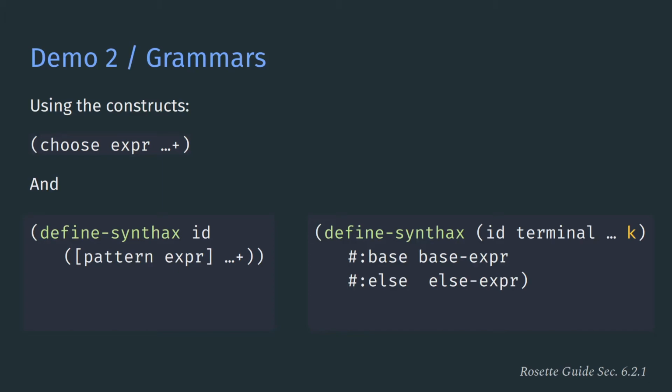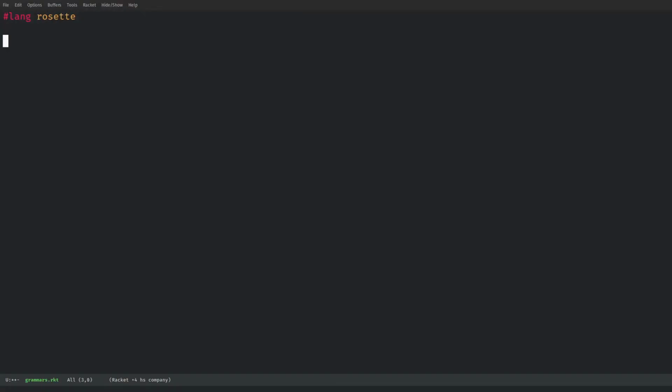The first syntax expresses a macro for defining simple definition of expressions, and then the second syntax is a macro for recursive definition of expressions. We will use both syntaxes in the next example, and it will help you understand how to use them and when to use them. Let's start by writing the skeleton of our file.